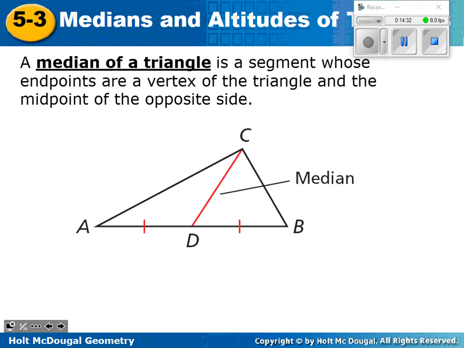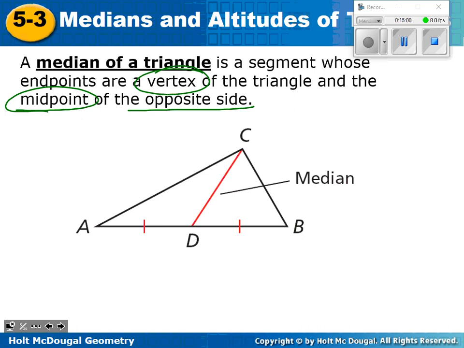It's not perpendicular. So I need you to make sure you understand the difference in your markings to know what kind of lines you have. So a median of a triangle has to go from the vertex to the midpoint of the opposite side. And then just like last class period, we're going to draw in all the medians and find out where they cross, and it's going to have a special name, that point of concurrency.